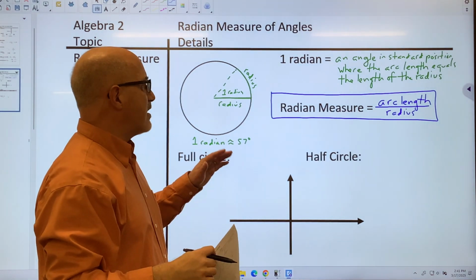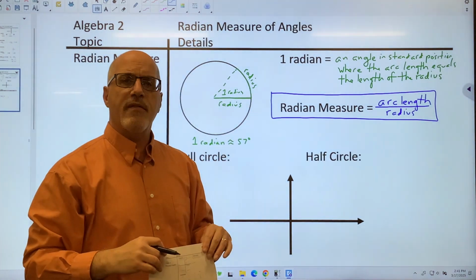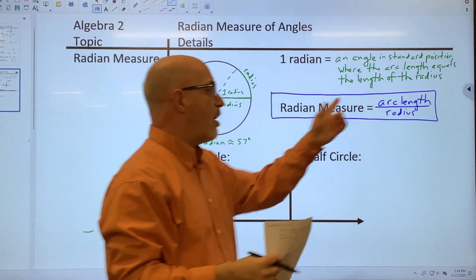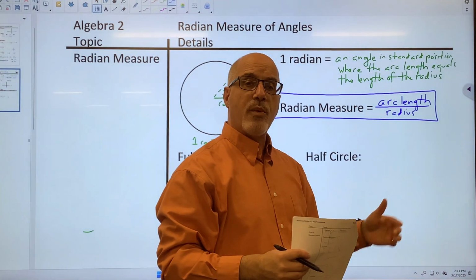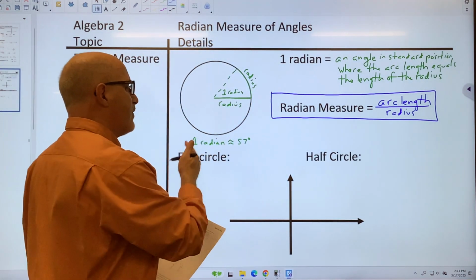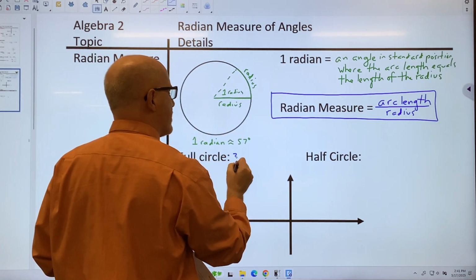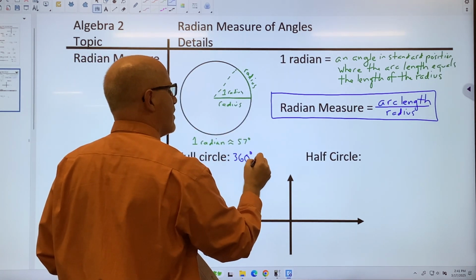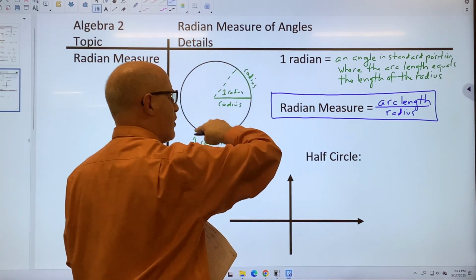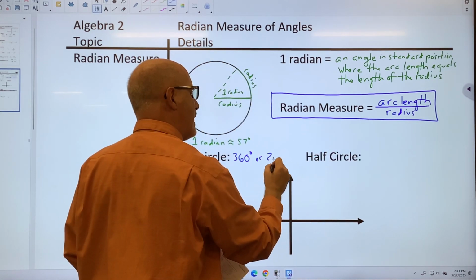If you look at a full arc length all the way around, it's called a circumference. So if we took the circumference, 2 pi r, and divided by r, the radius, you get just 2 pi. So for a full circle, in degrees all the way around was 360 degrees. Or in radians, if we take 2 pi r, all the way around, and divide by r, you get just 2 pi radians.